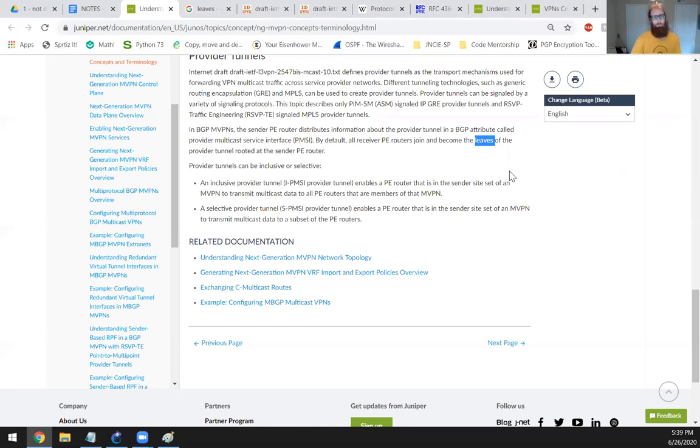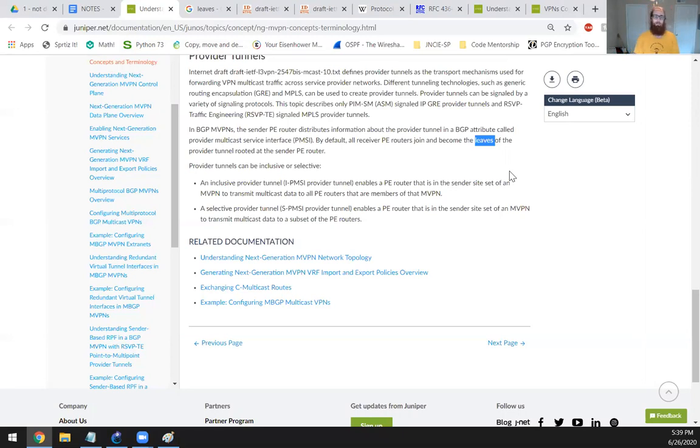provider tunnels can be inclusive or selective. An inclusive provider tunnel, probably I-PMSI provider tunnel, enables a PE router that is in the sender site set of an MVPN to transmit multicast data to all PE routers that are members of that MVPN.